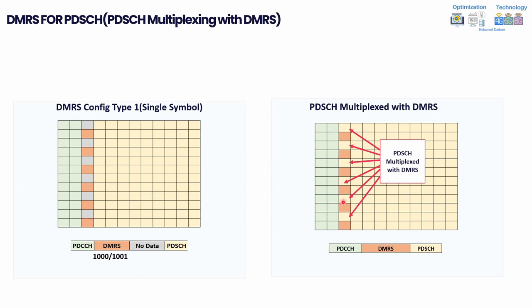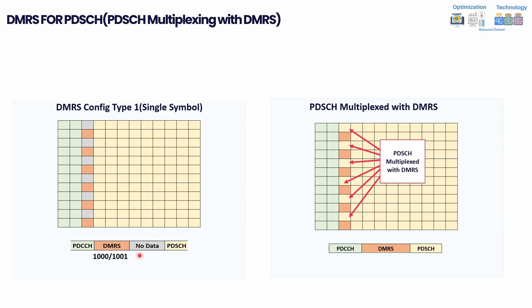Okay, two more points to highlight. First, assume that this particular user is in rank 4, or rank 3. This means that the remaining resource elements will already be utilized for DMRS as well. So in this case we cannot have PDSCH multiplexing with DMRS. This means that with rank 3 and rank 4, we cannot have PDSCH multiplexing with DMRS.